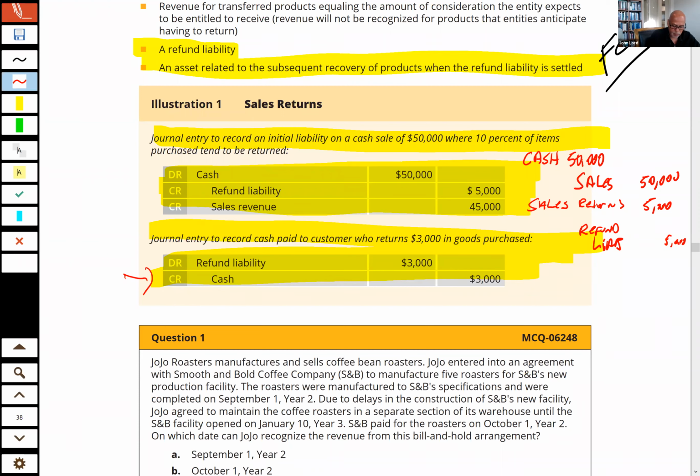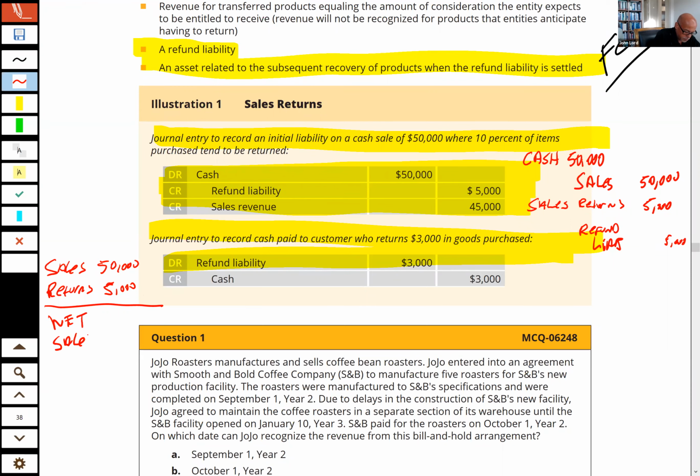Okay. And then if you think about it, when we prepare our income statement, I'm just going to erase that arrow. The sales would be what? 50,000. The returns, which is an estimate, it's estimated returns, would be what? 5,000. And we would have net sales of 45,000, right?